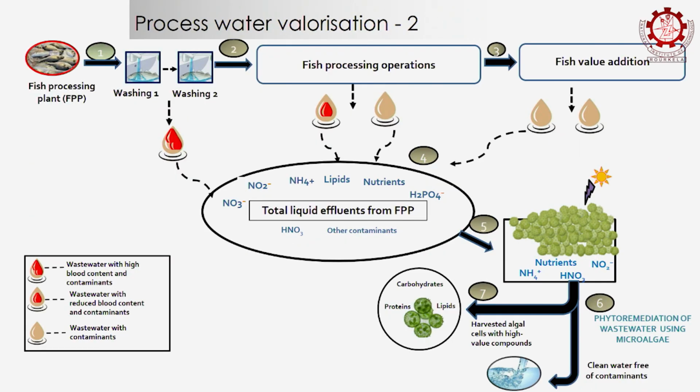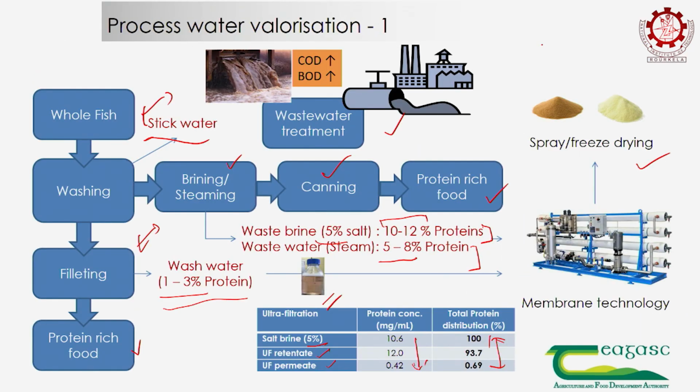And a rough estimate is: for every 100 kg of sardines, how many cubic meters of water are used, and what is the protein content and lipids you can obtain from that water. Think of the volume of several thousand tons of fish processed globally.